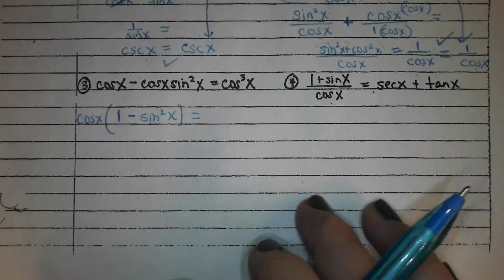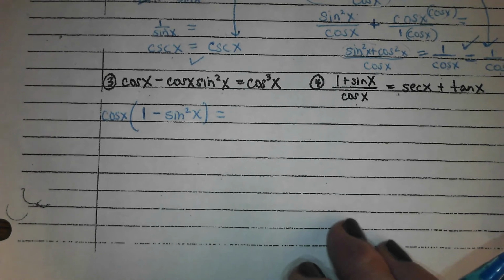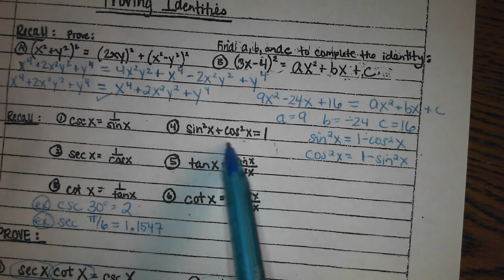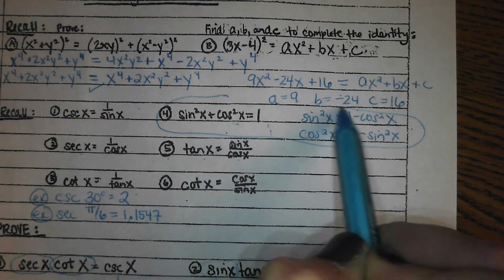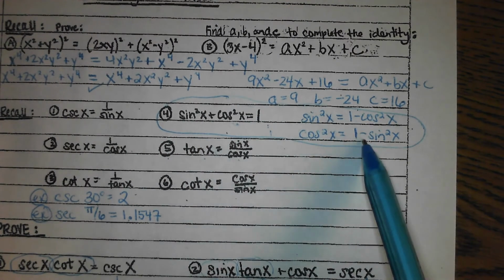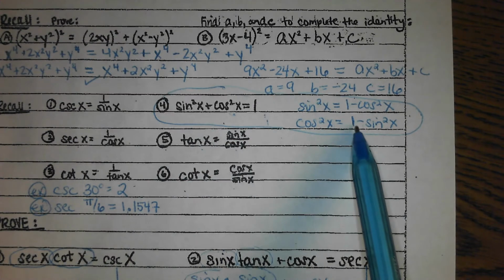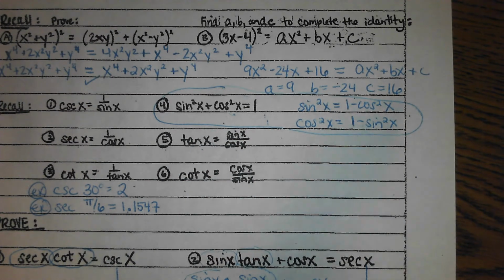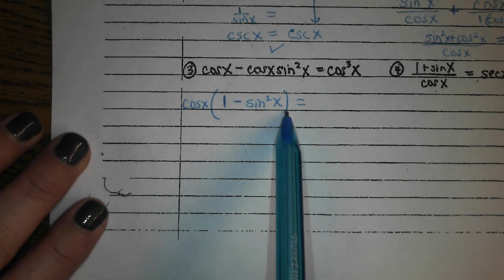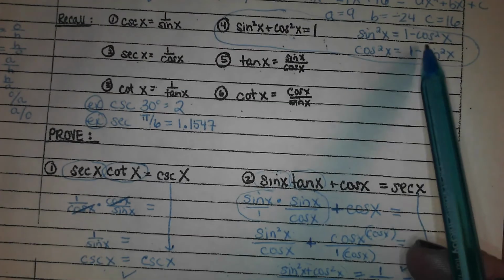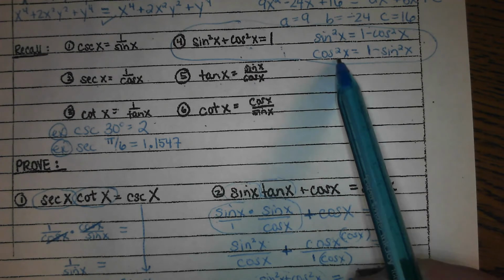Now, anytime you see sine squareds and cosine squareds, or 1 minus those, you should be thinking about the Pythagorean identity, or one of the many rearranged versions of that. In the problem where we are right now, we see a 1 minus sine squared x, right? Isn't that what's left? 1 minus sine squared x. Because of that Pythagorean identity, 1 minus sine squared x can be replaced with cosine squared.